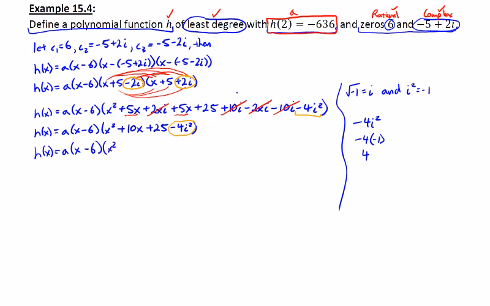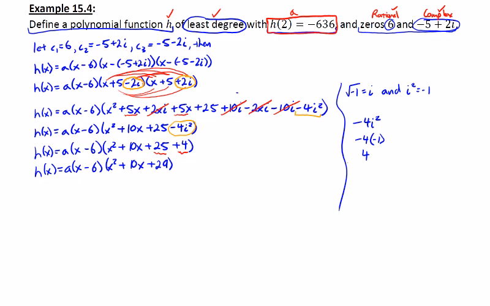This is going to be x squared plus 10x plus 25 plus 4, in which case we get another pair of like terms. Combine the two constants together, and we have h of x equals a times x minus 6 times x squared plus 10x plus 29.